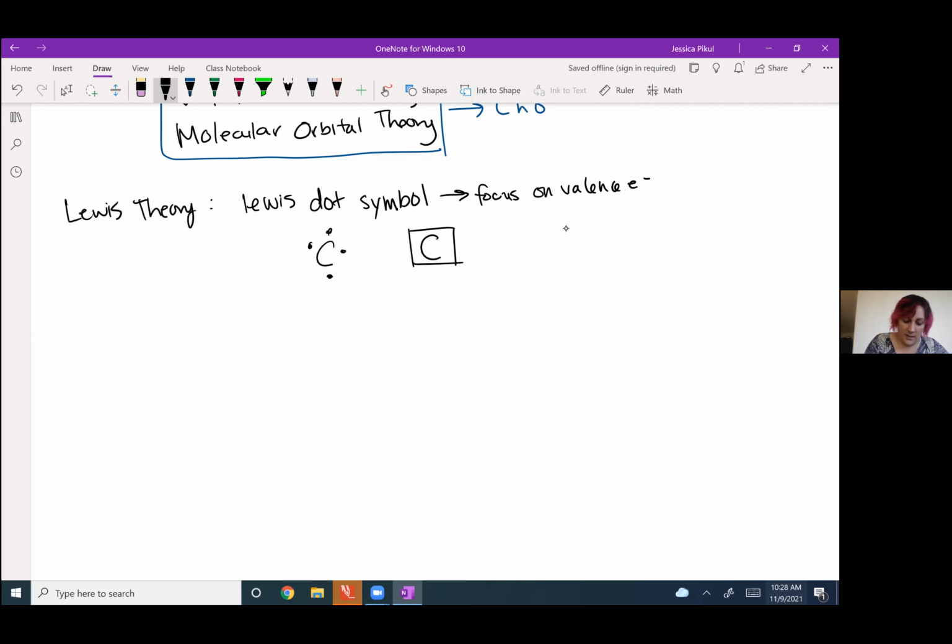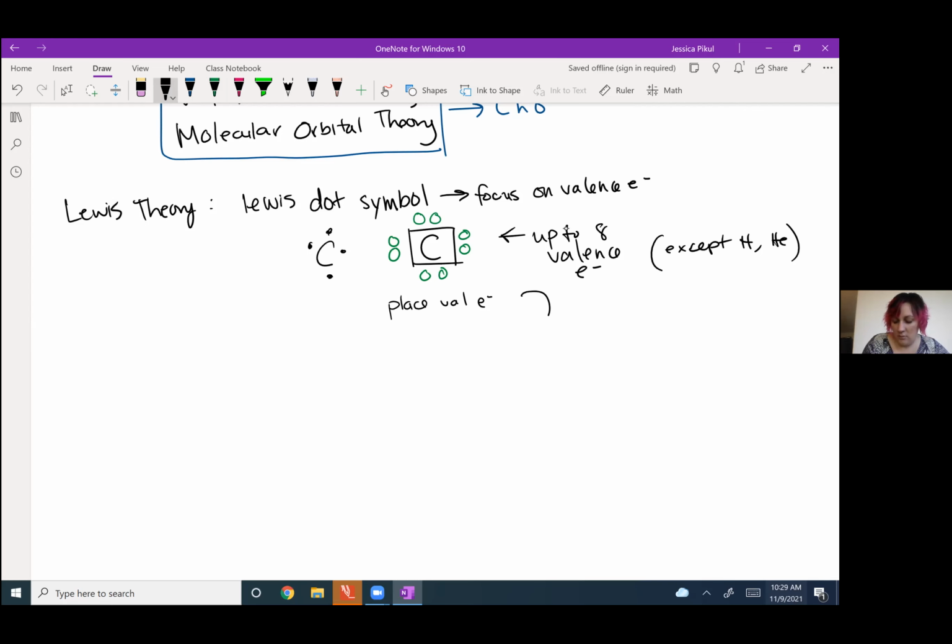Each side of the box can hold space for 2 electrons, and so you can have up to 8 valence electrons, right? Except for hydrogen and helium.